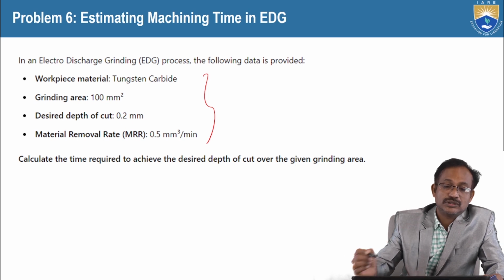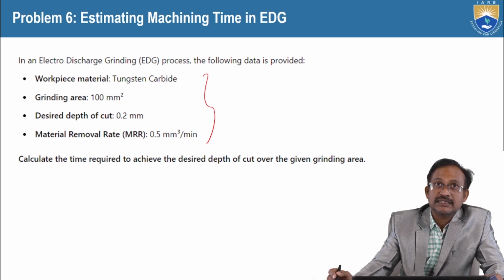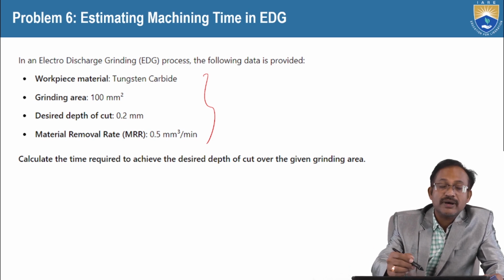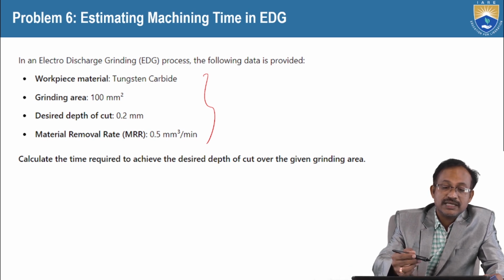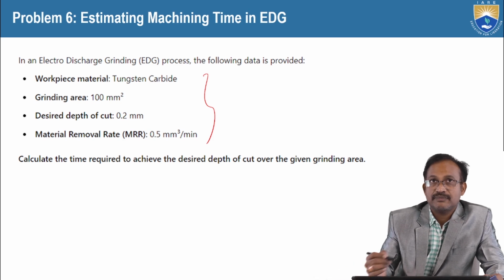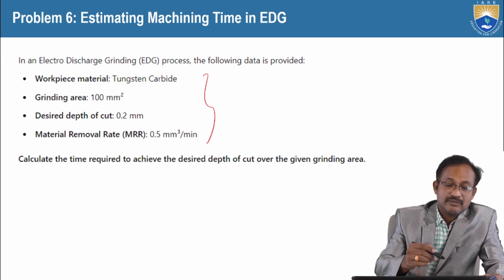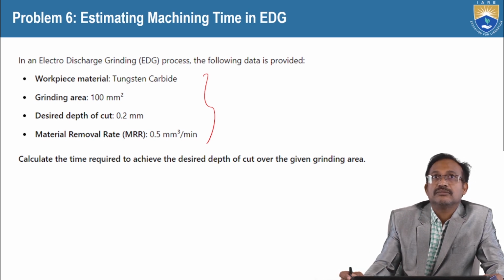Now the student has to focus on the workpiece material and think whether this data, that is tungsten carbide, is useful to solve this problem or not, whether the material will be useful in the problem solution.